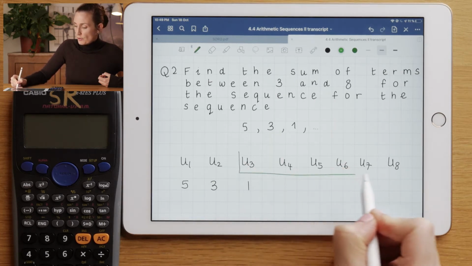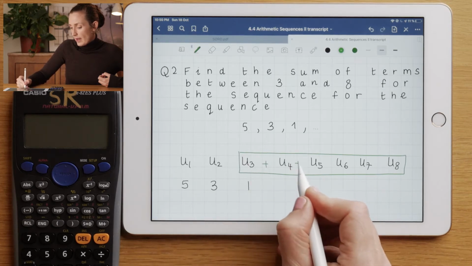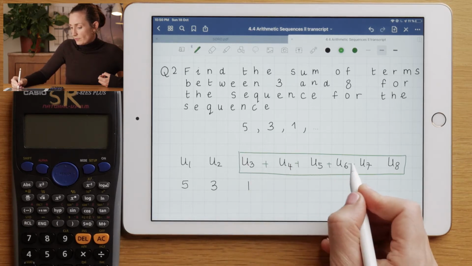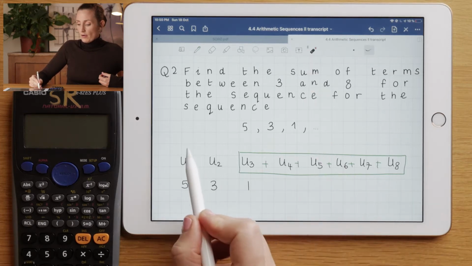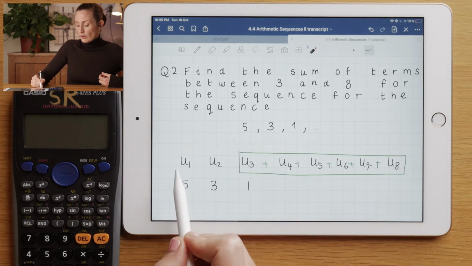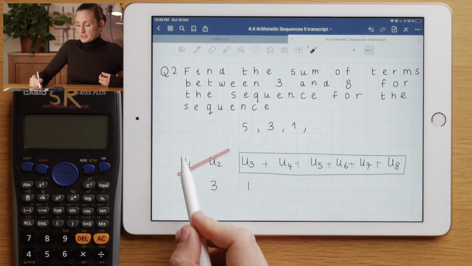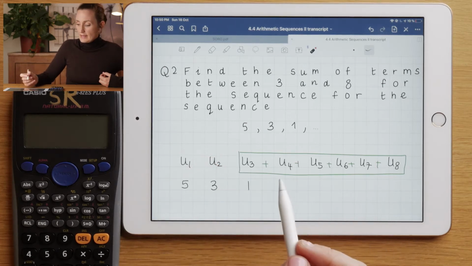So we want to know the answer for U3 added with U4, added with U5, U6, U7, and U8. So how we're going to do this is we're going to find the sum of the first 8 terms, which would be all of these added together, and we're going to subtract the answer for the first 2 terms added together.